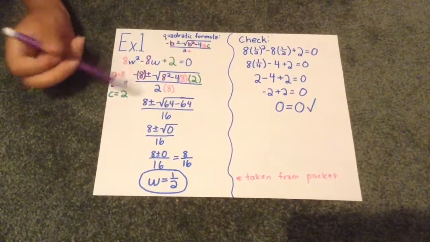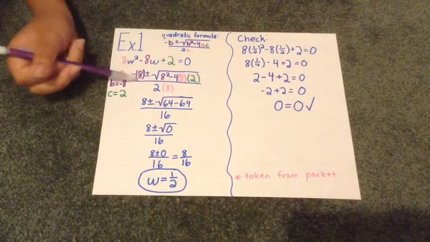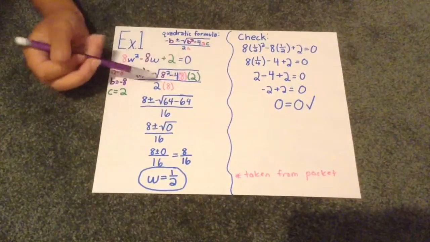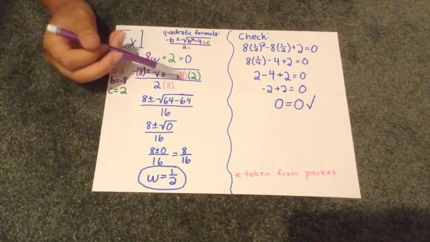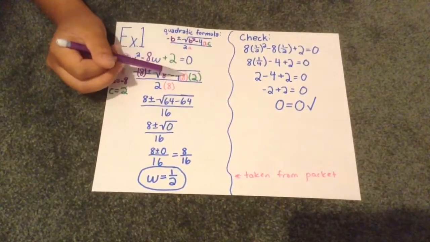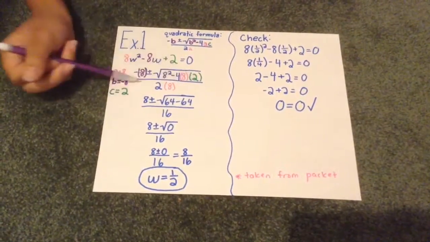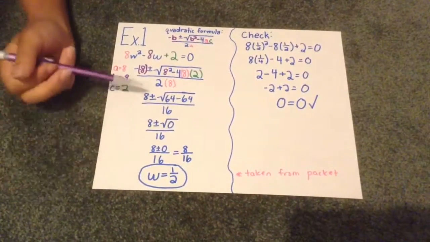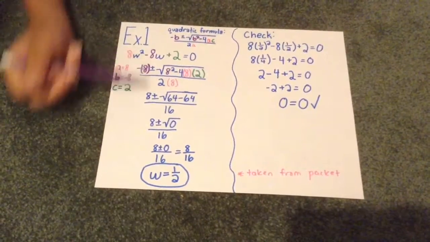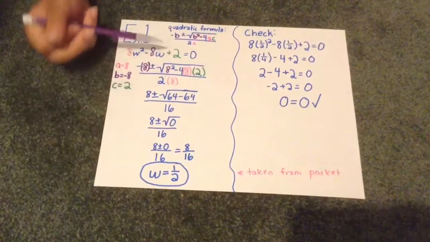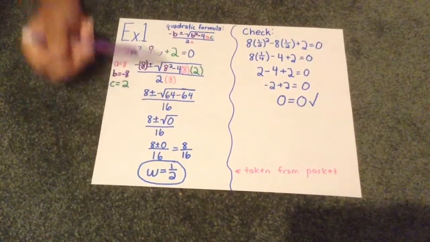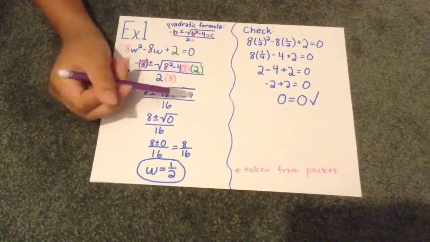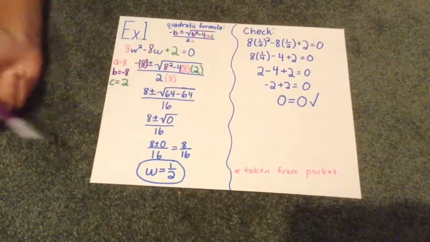So it is negative 1 times negative 8 plus or minus the square root of 8 squared minus 4 times 8 times 2, all over 2 times 8. So negative 1 times negative 8 equals 8, and then 8 squared is 64, and 4 times 8 times 2 equals 64. So 64 minus 64.